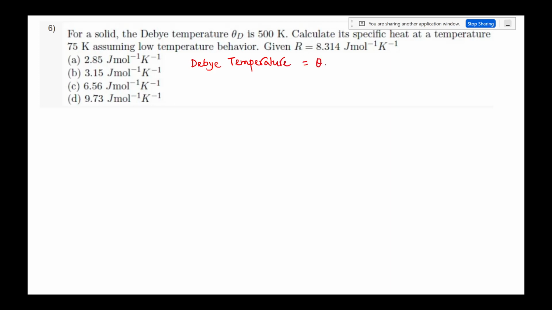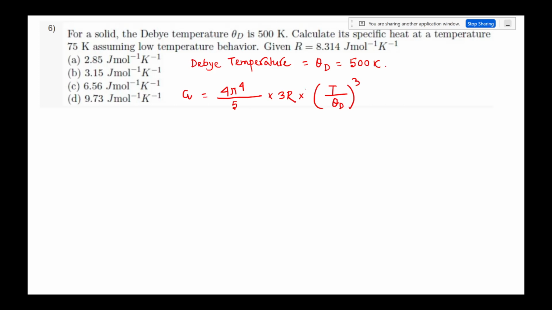Theta D is 500 Kelvin, and Cv is 4 pi to the power 4 divided by 5 times 3R times (T by theta D) cubed.